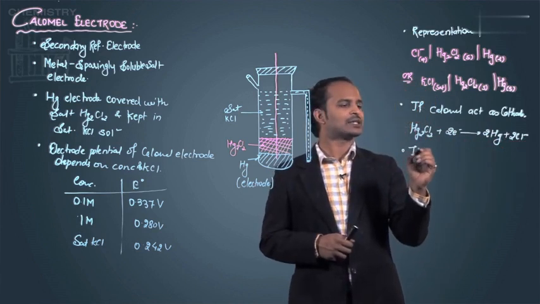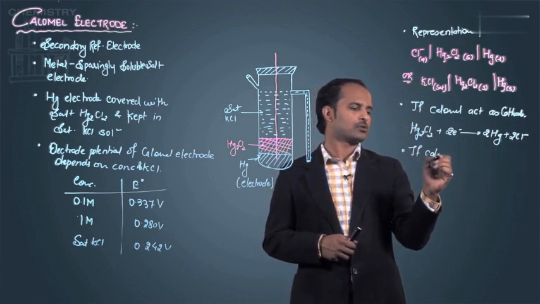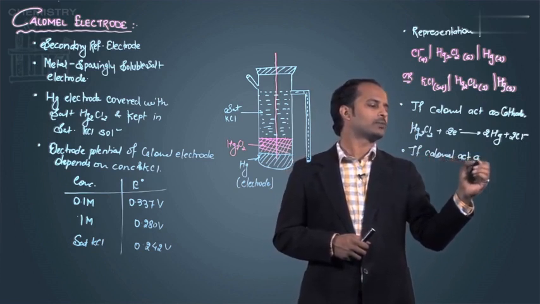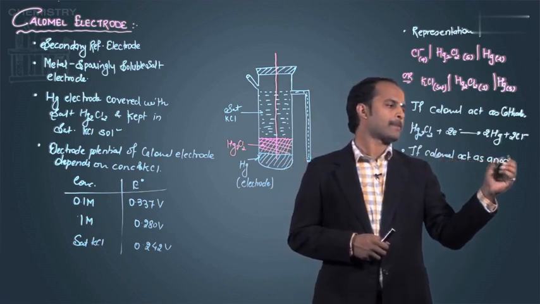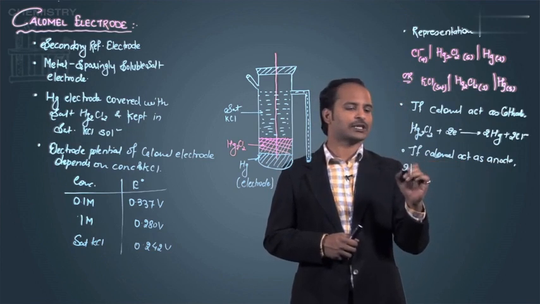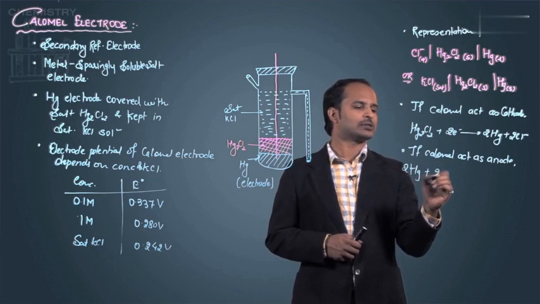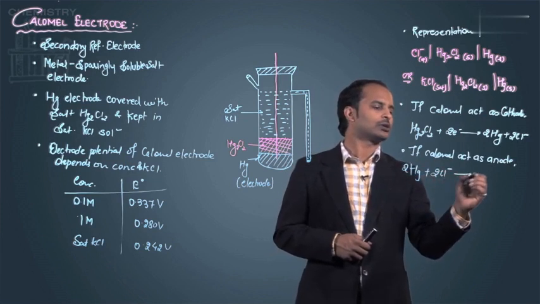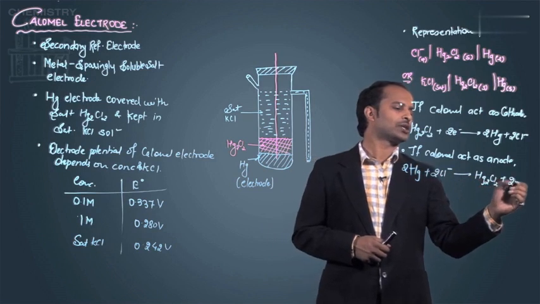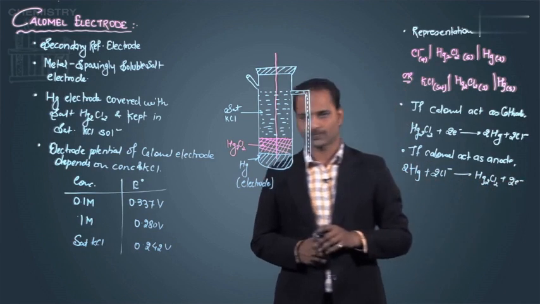And if calomel acts as an anode, then exactly the opposite reaction takes place, that is, 2Hg plus 2Cl minus gives Hg2Cl2 plus 2 electrons, which is oxidation.